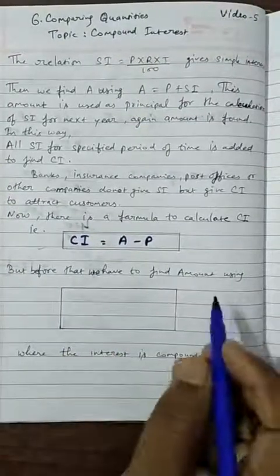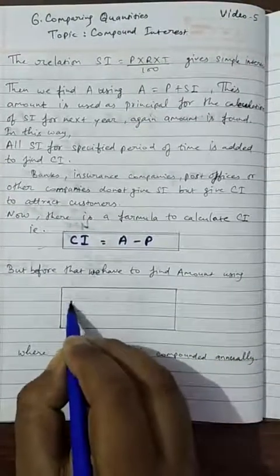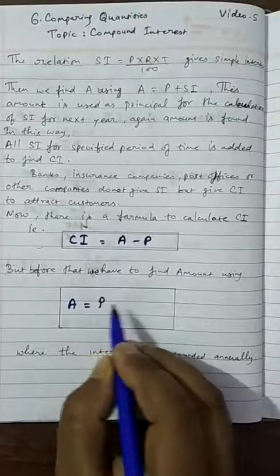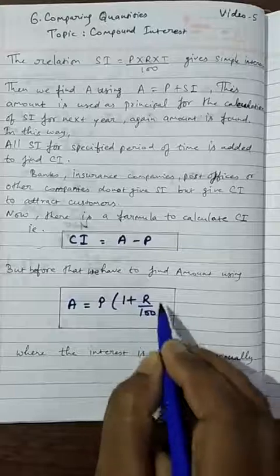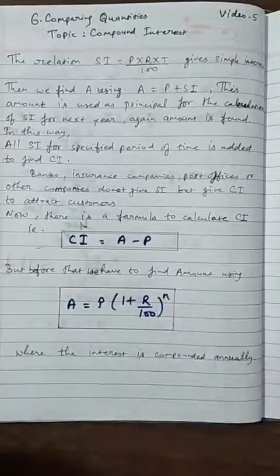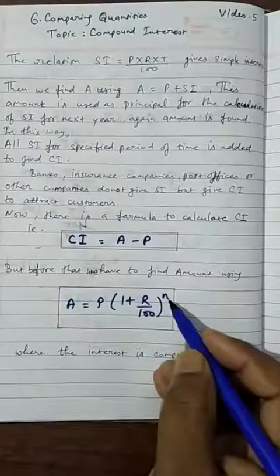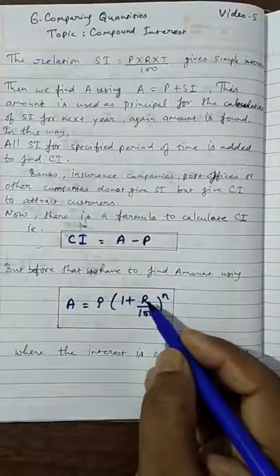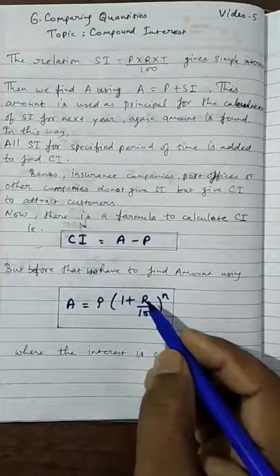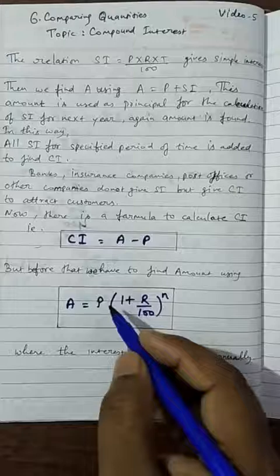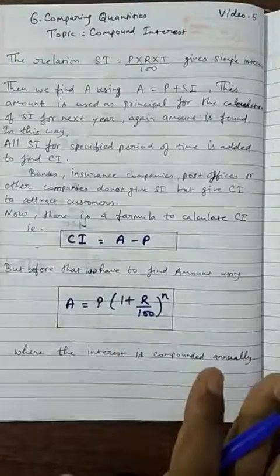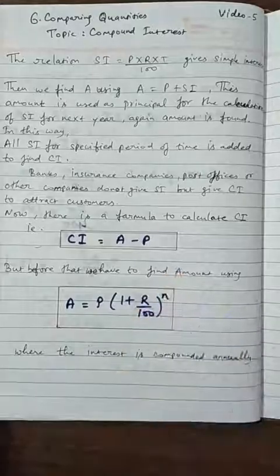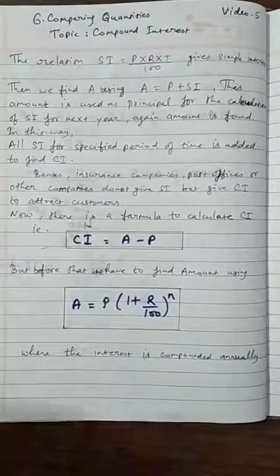In the case of annually, amount is equal to principal into 1 plus rate upon 100 powered by time. This n means number of years, R is for rate and P is for principal. Where the interest is compounded annually, these formulas are used.